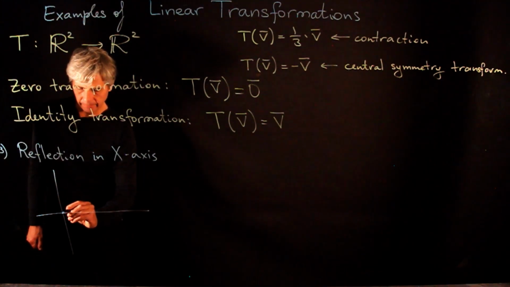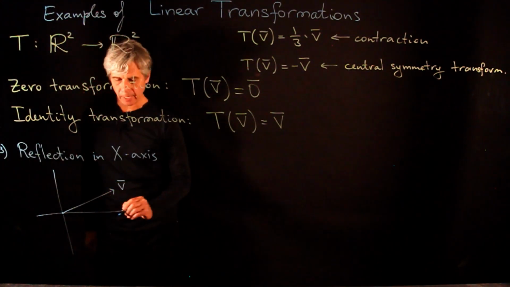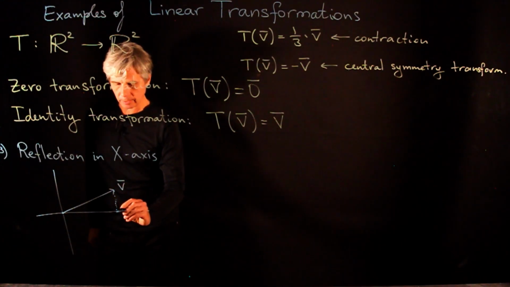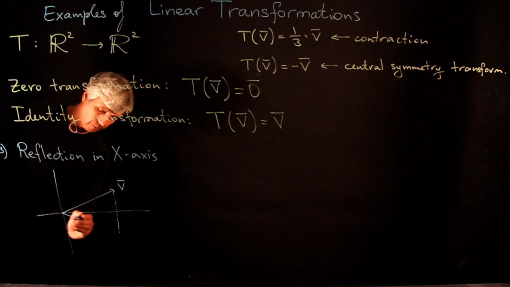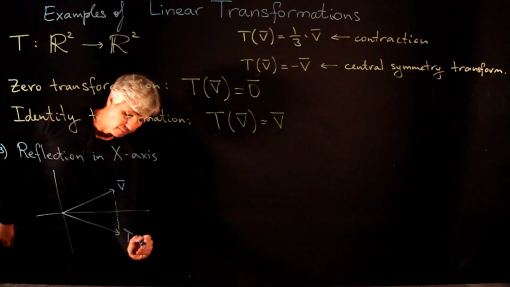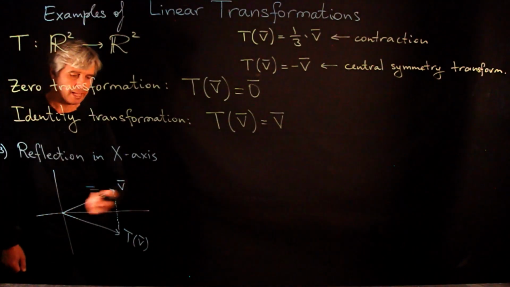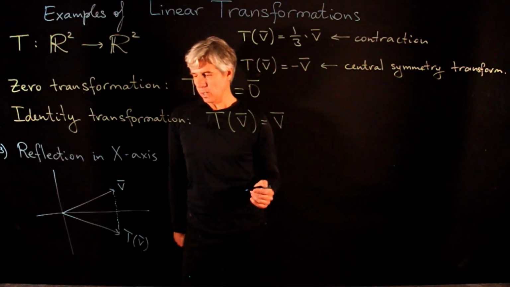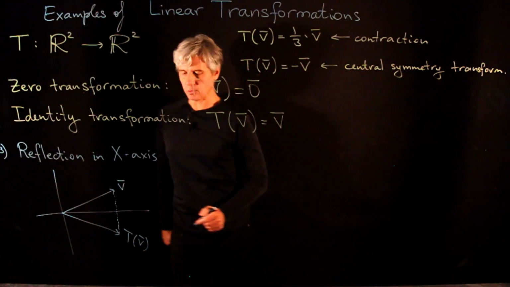If we have some vector v, then to find its image, we perform a mirror reflection in the x-axis, and this vector is going to be T of v. We can see the mirror reflection of v when we view the x-axis as the mirror. And now one can prove geometrically that this transformation is linear.